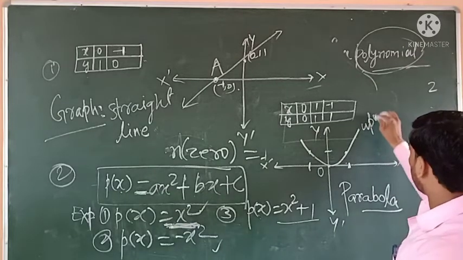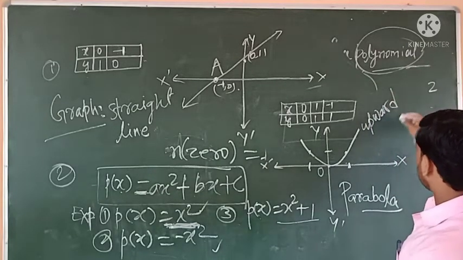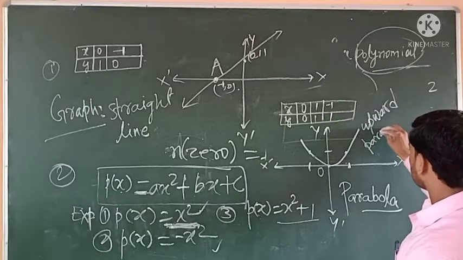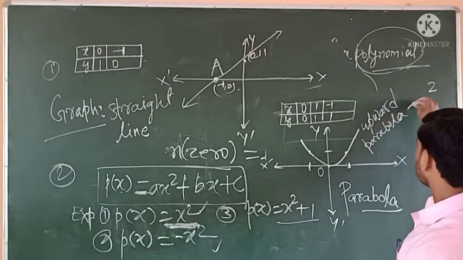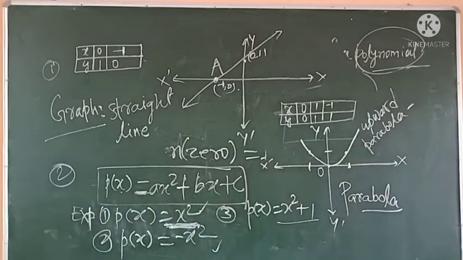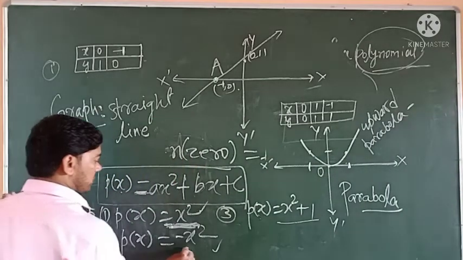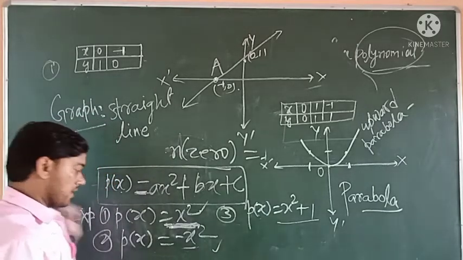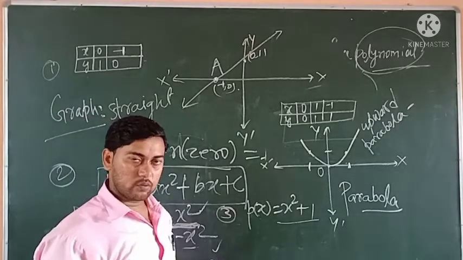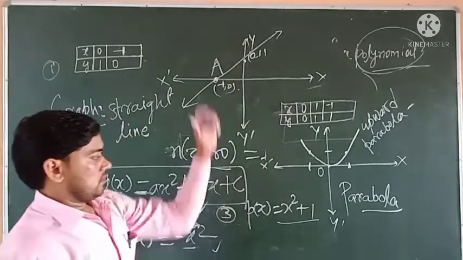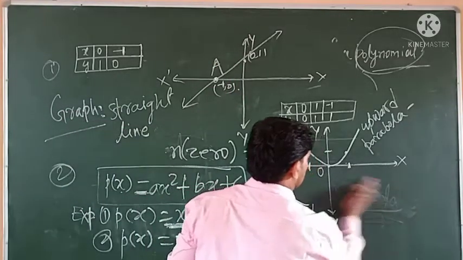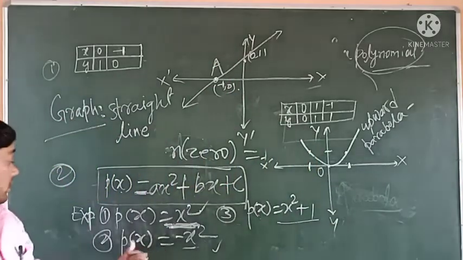This is an upward parabola. If the coefficient of x square is negative, then it is a downward parabola. See, how a downward parabola looks.